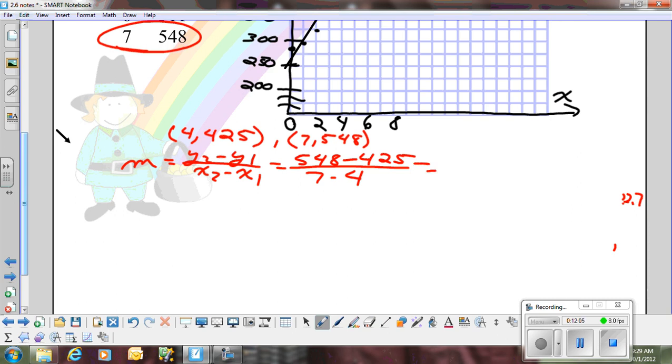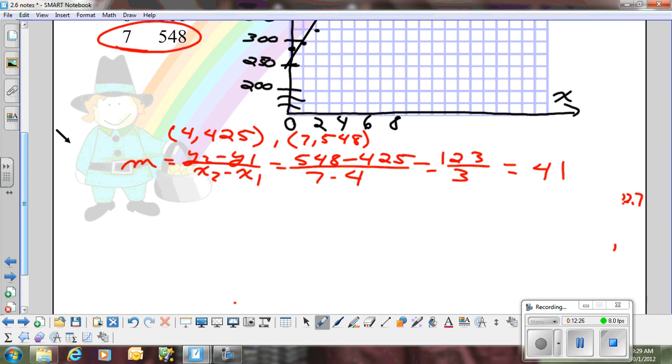So let's see, 123 divided by 3. Okay. Well, that works out nice. That's 41, or 41 over 1. So that one came out even.